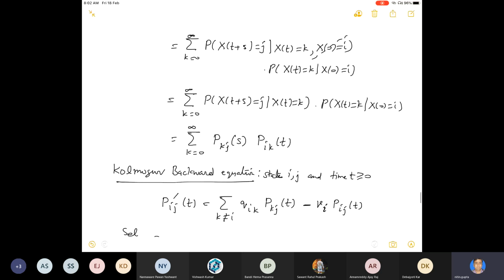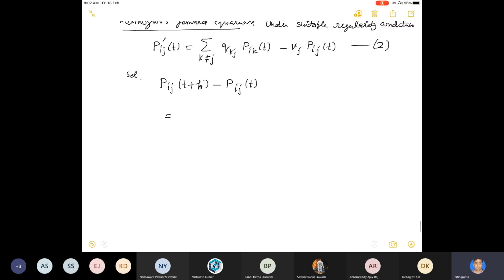This is summation, k is from 0 to infinity, Pik t Pkj h, minus Pij t, using the Chapman-Kolmogorov equations.